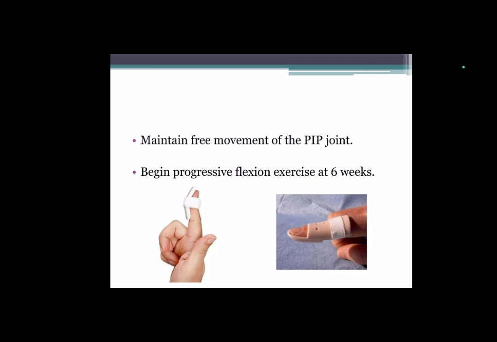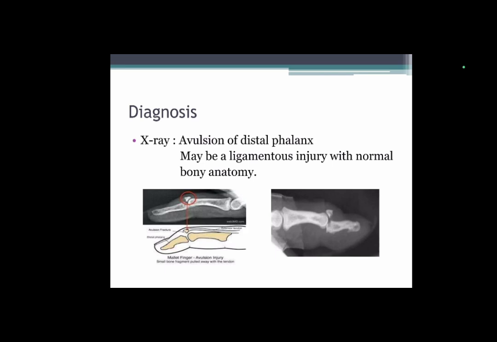To understand jersey finger better, let us first review the anatomy involved in the injury. It is important to know the anatomy involved. The injury primarily affects the flexor digitorum profundus, which is responsible for bending the fingertip at the distal interphalangeal joint. The flexor digitorum profundus tendons insert at the base of the distal phalanx.